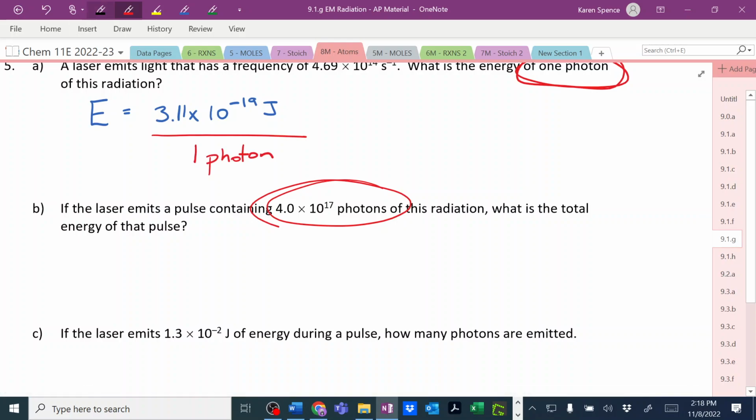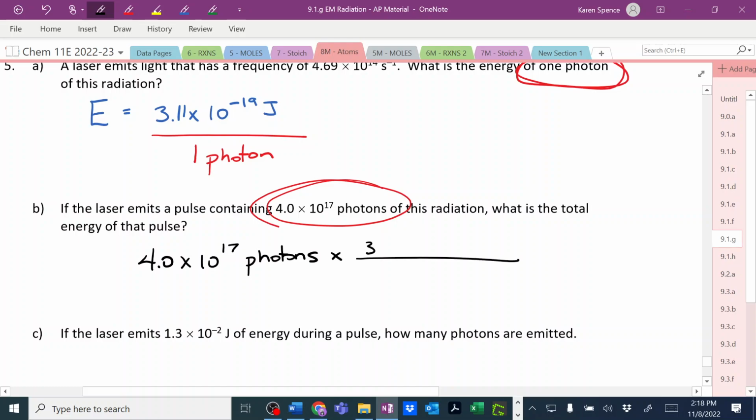Okay? And so we now have not just one photon, we have 4.0 times 10 to the 17 photons times 3.11 times 10 to the -19 joules per photon.